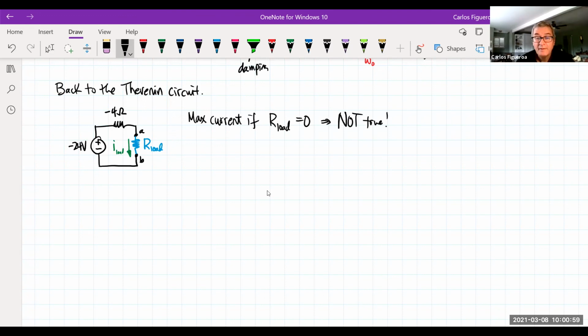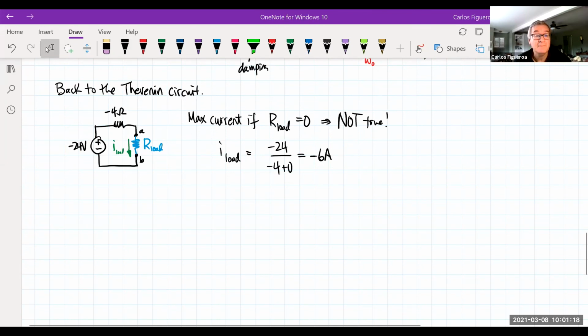Not true. Because if you calculate the load current now, you're going to get minus 24 over minus 4 plus 0, which is minus 6 amps. So you could see that the current is going in the opposite direction.